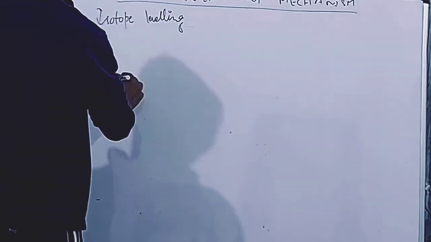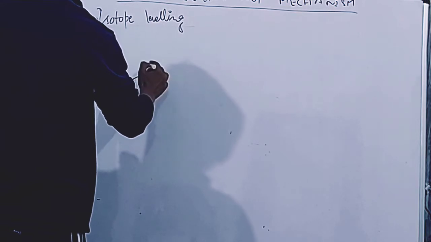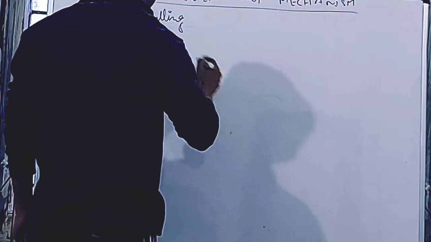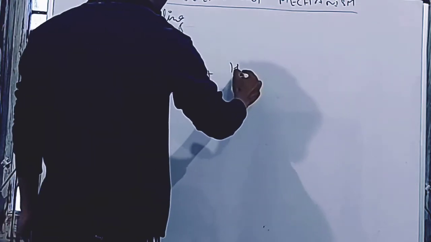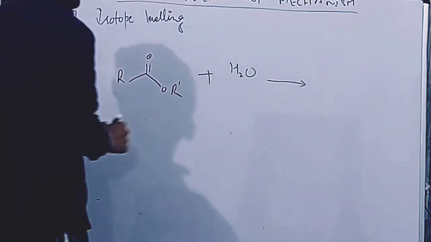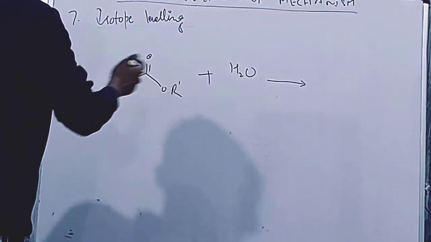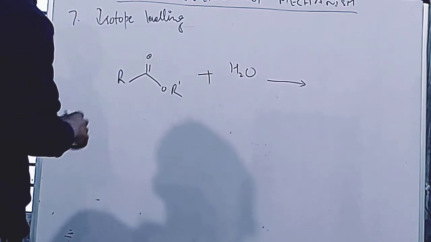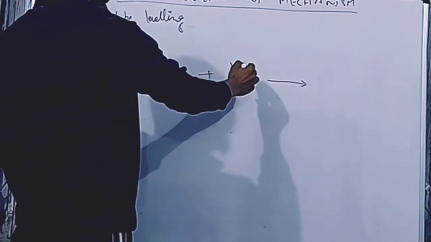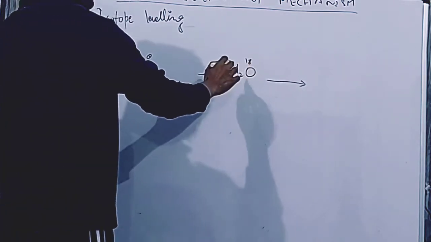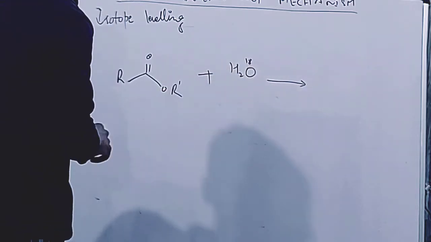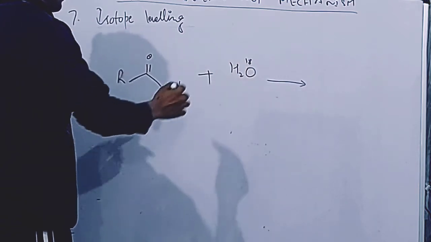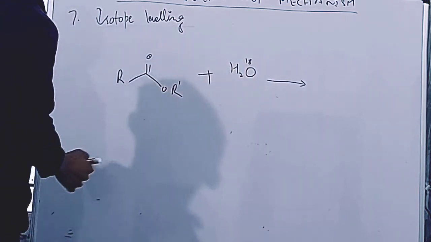I can give you one more. So what will be the product of this reaction? To know the exact product of this reaction in terms of isotopes, we have to use H2 18O. It means the 18O isotope of oxygen is being used to react with this reactant.